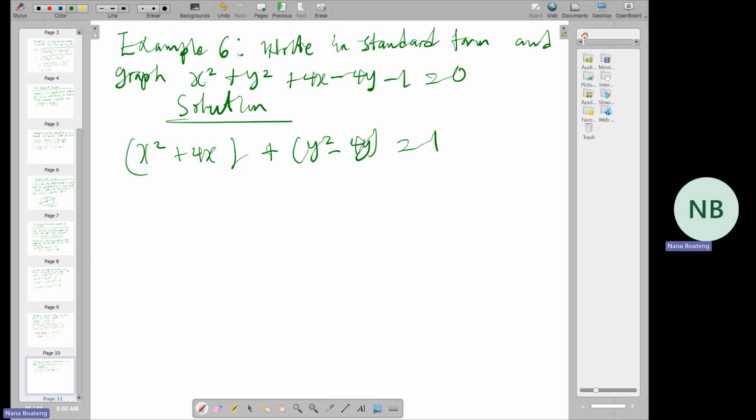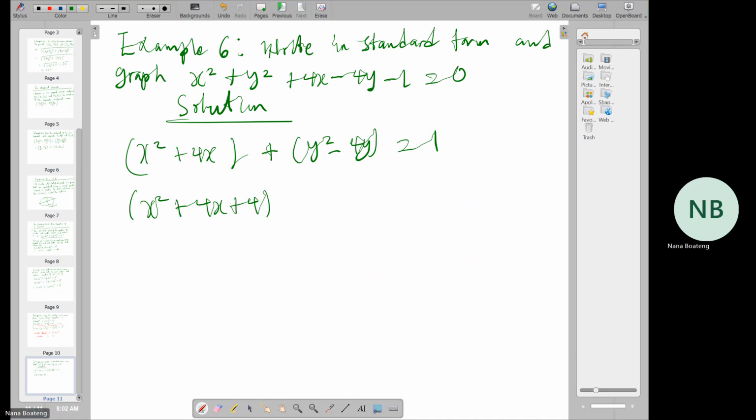And next we can add 4 in each of these parentheses. So we have x squared plus 4x plus 4.